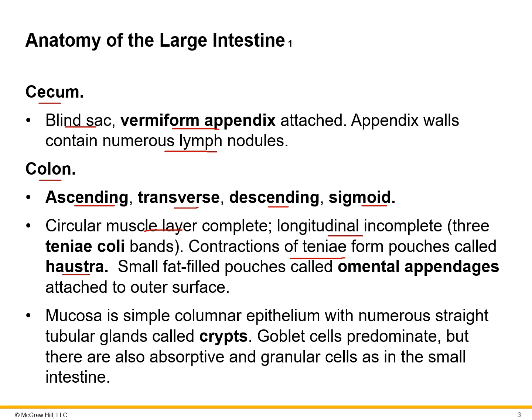And then there are omental appendages that attach to the outer surface, so it looks bumpy almost. And then the mucosa is made up of simple columnar epithelium, lots of glands called crypts, and goblet cells predominate. We have a lot of mucus secretion, but there are also some absorptive and granular cells similar to the small intestine.